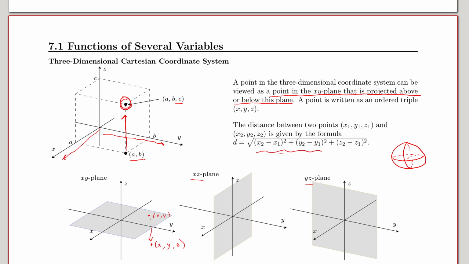This part of it should look familiar. That's your distance formula, the square root of the sum of the squares of the differences between x and y coordinates. That's your distance formula for 2 points in the plane. It does extend to 3 dimensions in the same way. I just threw that in there. We're not really going to use this. But that's basically your introduction to the 3-dimensional rectangular coordinate system, or Cartesian coordinate system.